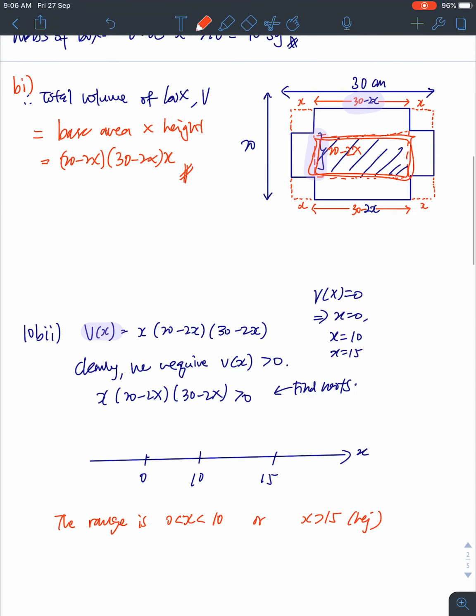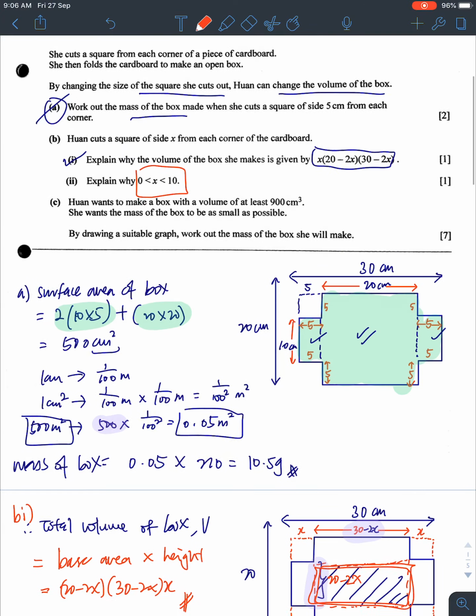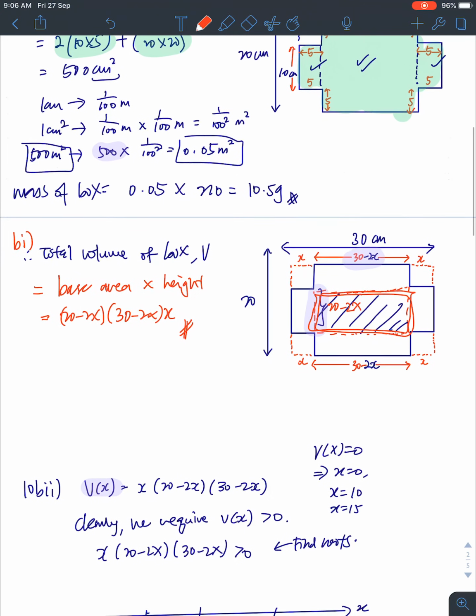For B part 2, what do we need to do? We need to explain why the value of x, which is the length of the square being cut out, must lie within this range, between 0 and 10. Why? This is an easy question.